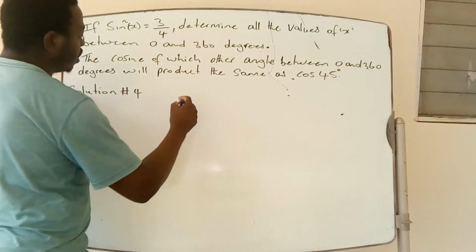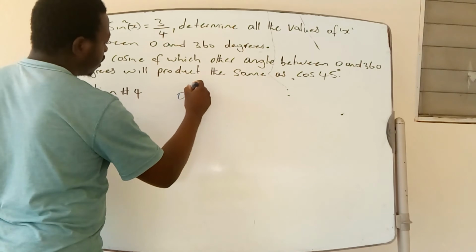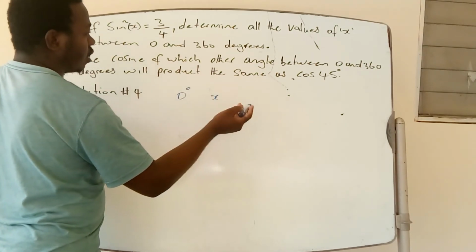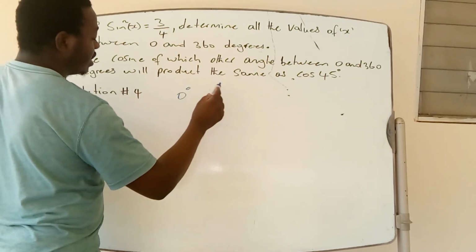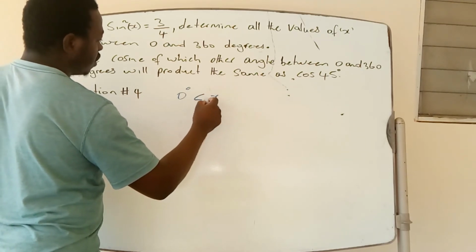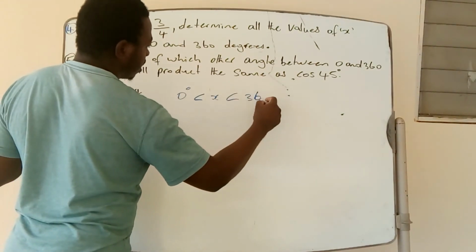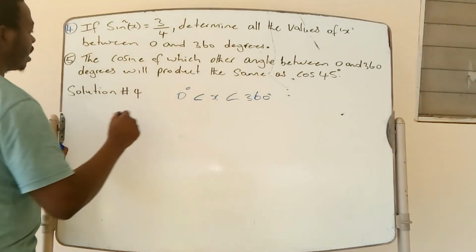So they give us a range, and we know that x, which is the angle in this case, falls between 0 degrees and 360 degrees. That's the domain that they give us, right?